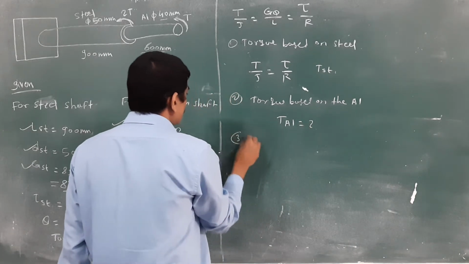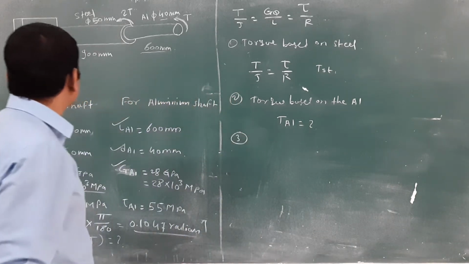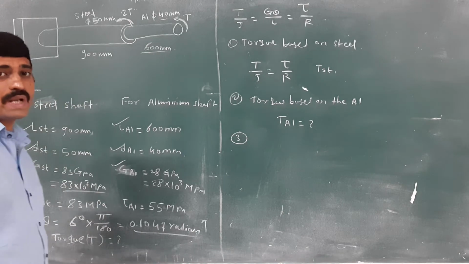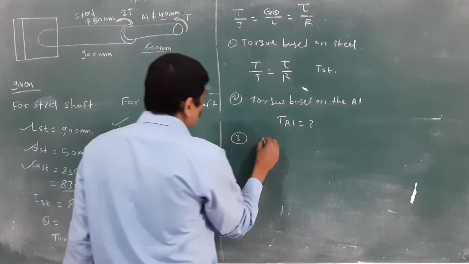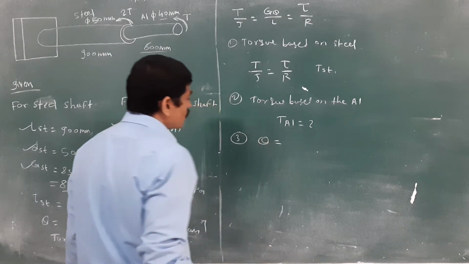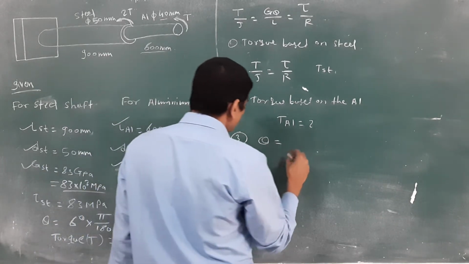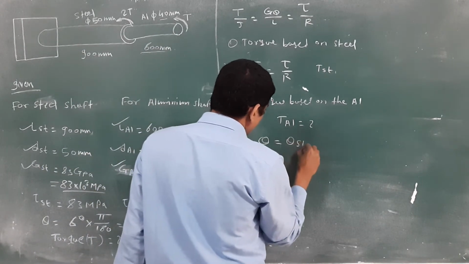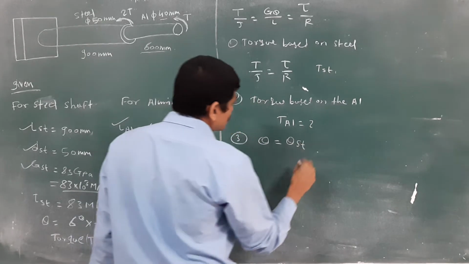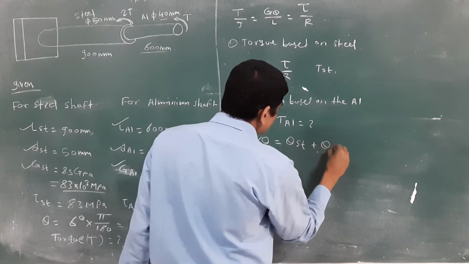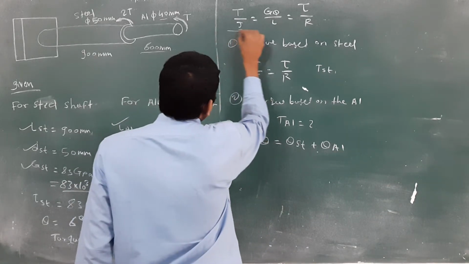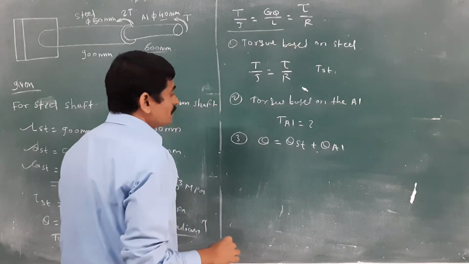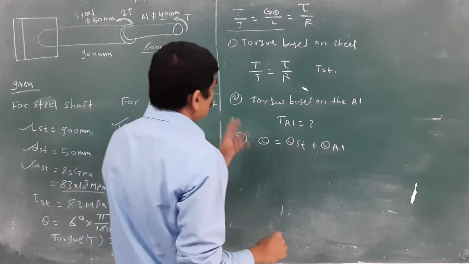You know, for the compound shaft or series shaft, what is the value of theta? How to calculate theta? The angle of twist in the given shaft is equal to the angle of twist in the steel shaft plus the angle of twist in the aluminium shaft. We know this relation T by J is equal to G theta by L. Then you can convert it to theta.